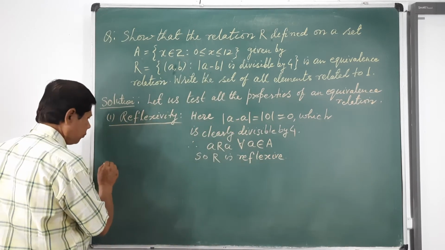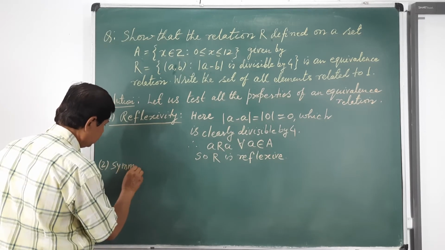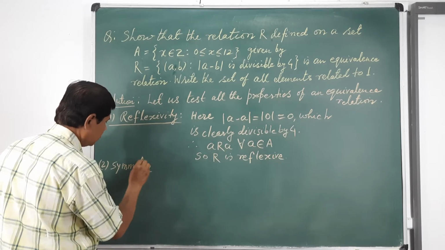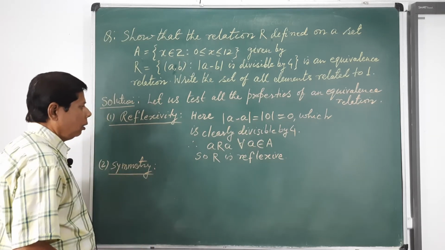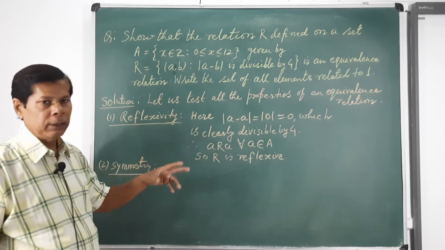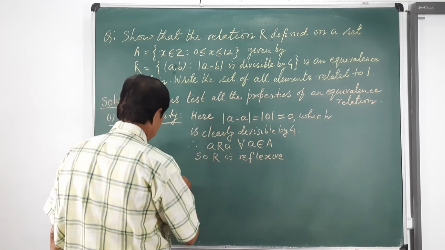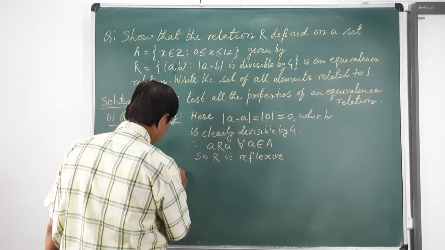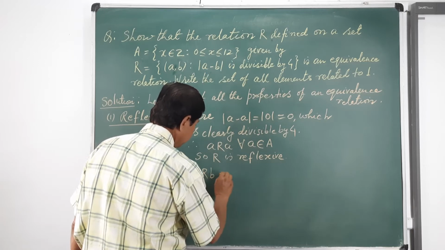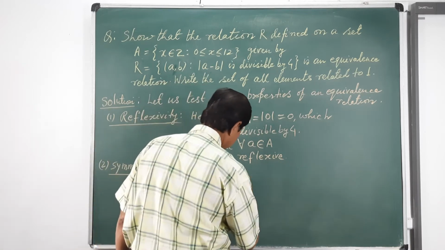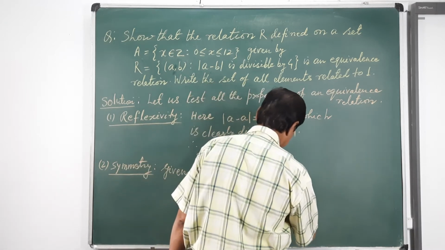Number 2, symmetry. Now, again we shall consider any two elements of the given set A. Given a is related to b implies mod of a minus b is divisible by 4.